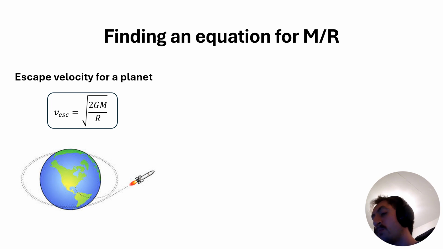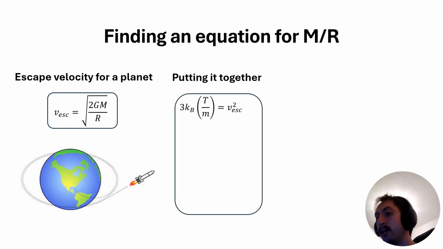So we have an equation that does make sense, and if we now put it into our equation that is linking the temperature of the gas, the mass of molecules in the gas, to the escape velocity, we end up with our bottom equation here.